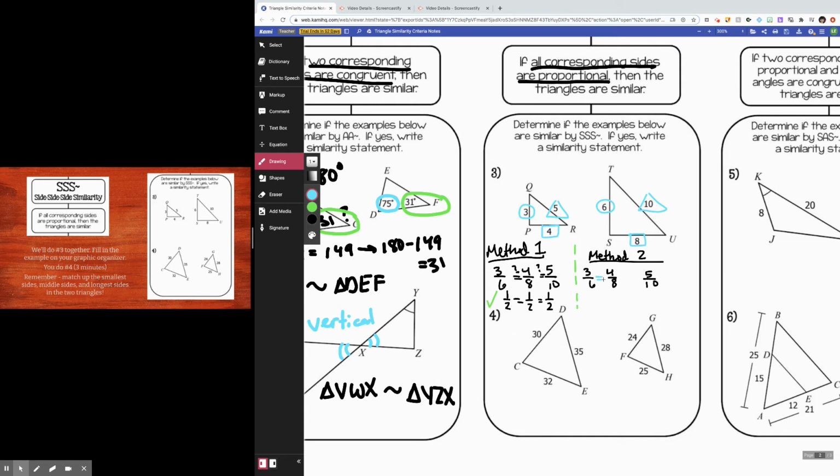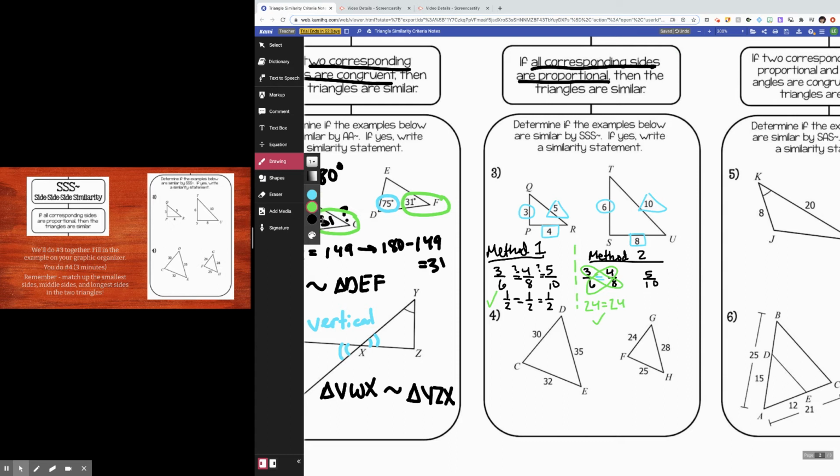So you set these equal to each other, and then you use cross multiplication, which you may remember as drawing the butterfly. The goal here is to have the numbers be equal at the end. So 3 times 8 is 24, and 6 times 4 is also 24. So I'm good there. Check.